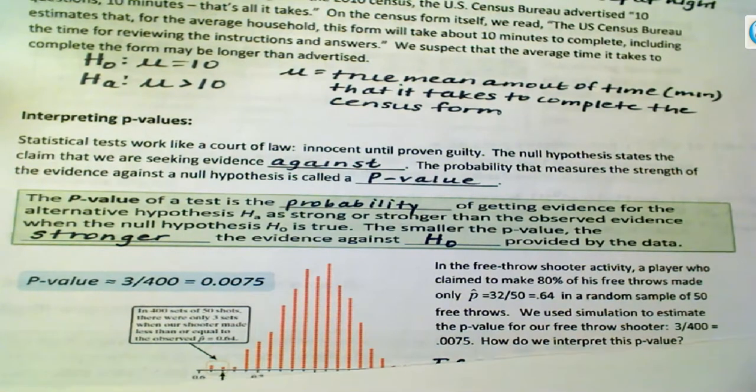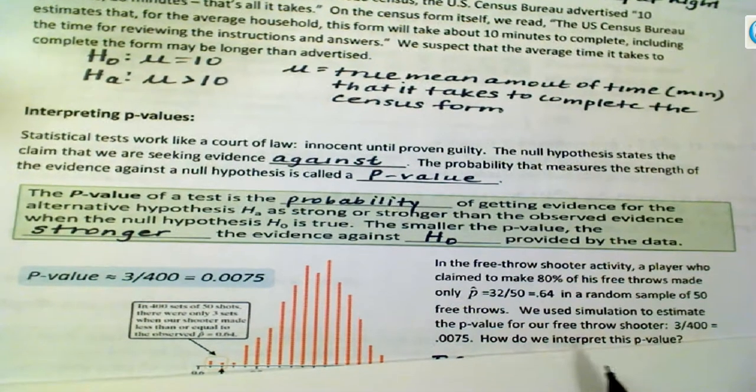How do we interpret this p-value? If you look at it, this is 400 sets of 50 shots. There were only 3 sets that were less than or equal to 0.64.